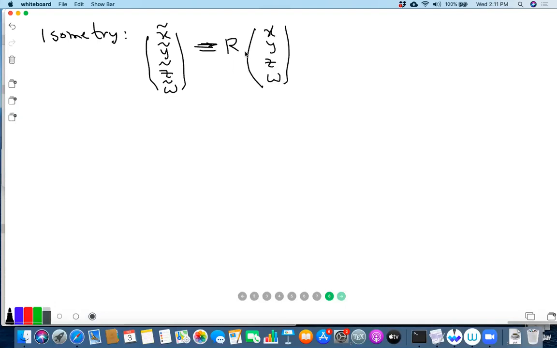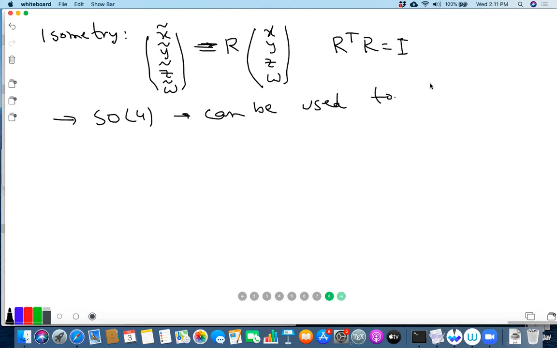But R is a 4x4 matrix satisfying R transpose R equal to identity. So this is SO4. And you can easily check that this SO4 isometry can be used to prove homogeneity and isotropy.